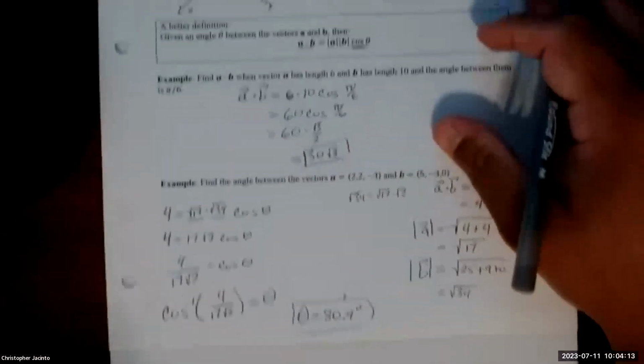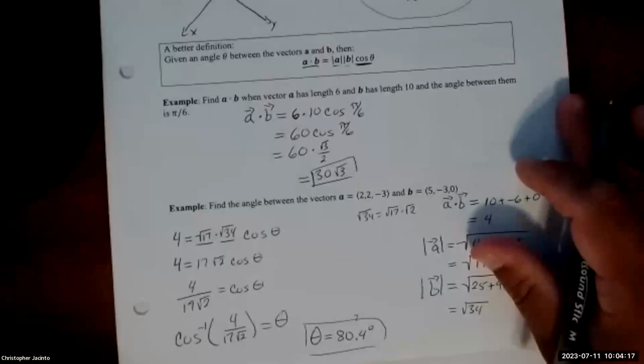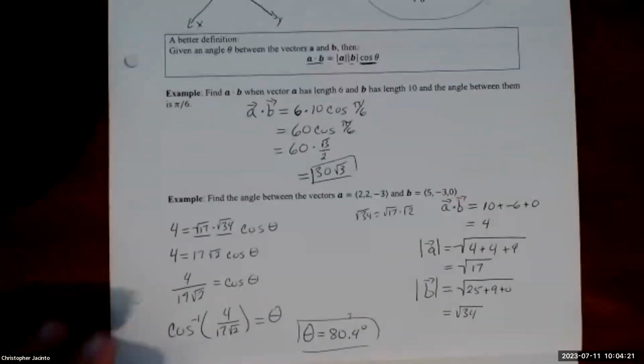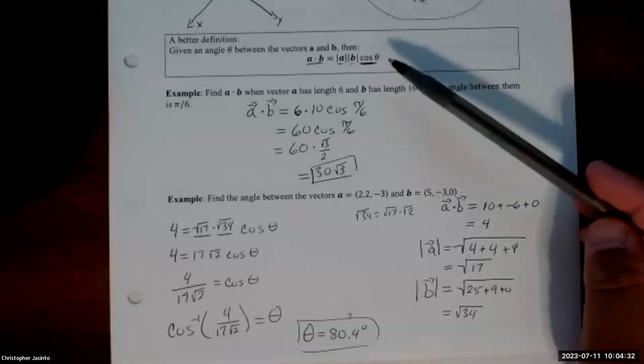So before going any further, any questions on using our new equation of the dot product to solve for values? No? All good. And as you can tell, it's a simple equation.